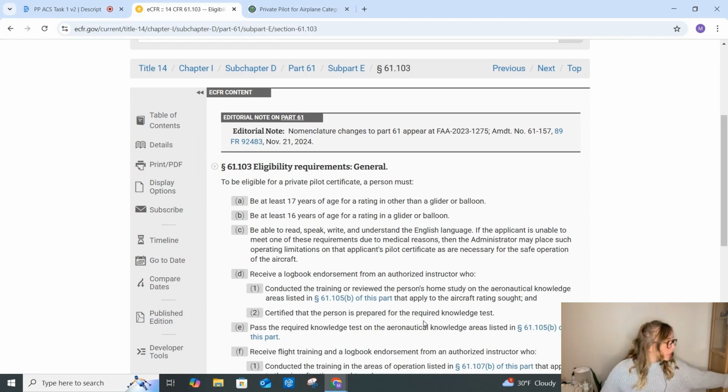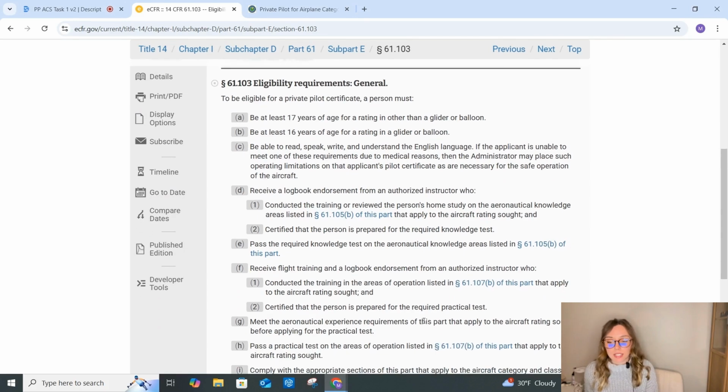Okay, so we'll go into this one. 61.103, eligibility requirements. In order to be eligible for your private pilot certificate, a person must first be 17 years old. We're going to skip B. C, be able to read, speak, write, and understand the English language.